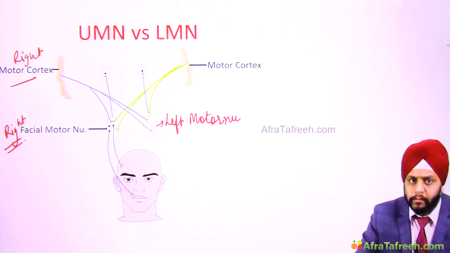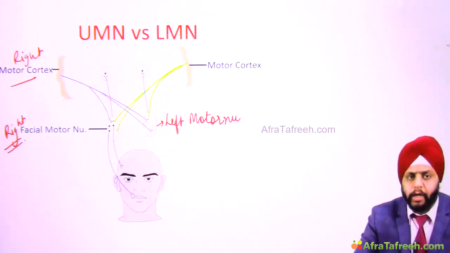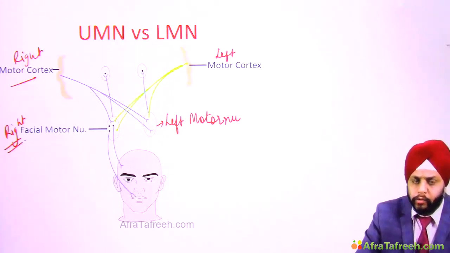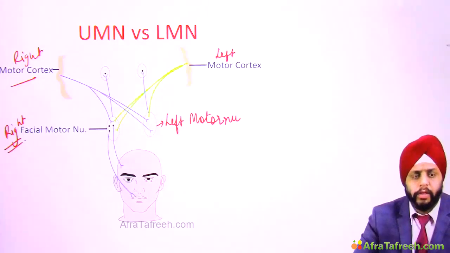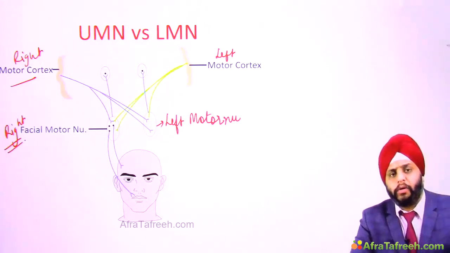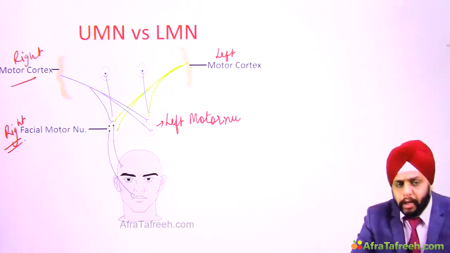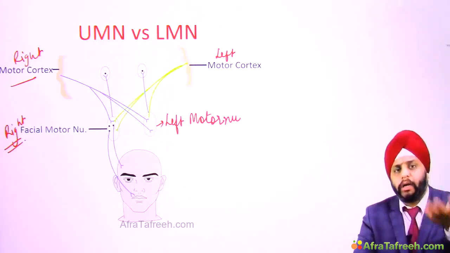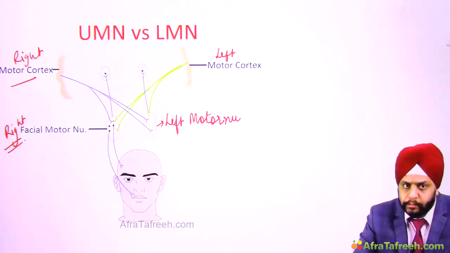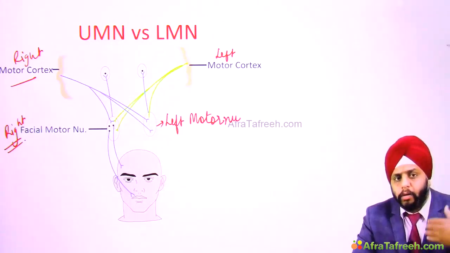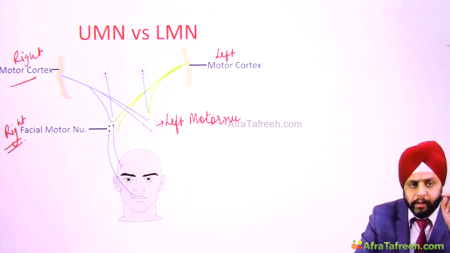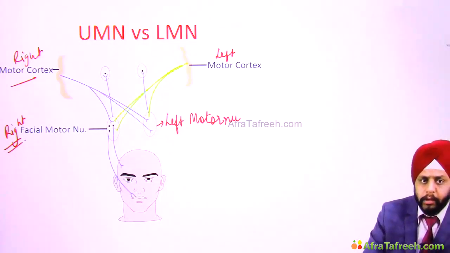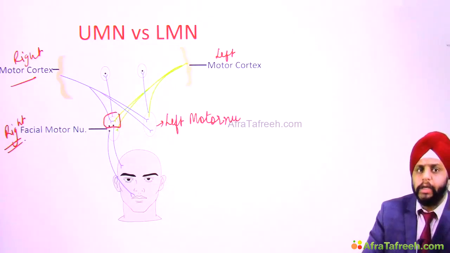We have right and left motor cortex also. So what do you see? The right motor cortex is giving supply to the contralateral motor nucleus, but some supply is also being given to the upper part of the ipsilateral motor nucleus.